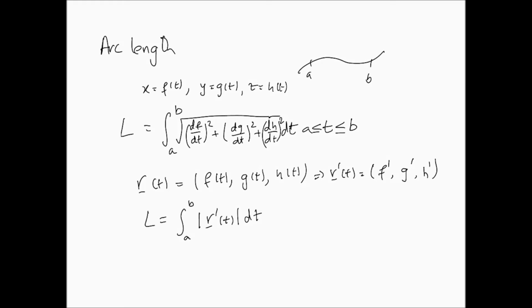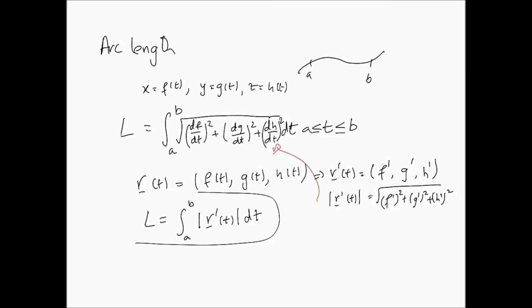So if I were to look at the magnitude of that, it would in fact be the square root of f' squared plus g' squared plus h' squared, which is the same as what you see here in this formula. So we end up with this result, which is the length of a curve, or length of the path of an object represented by the vector function r(t).